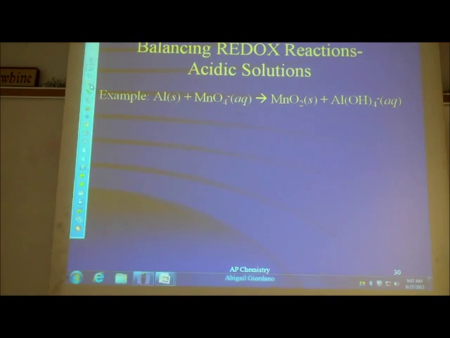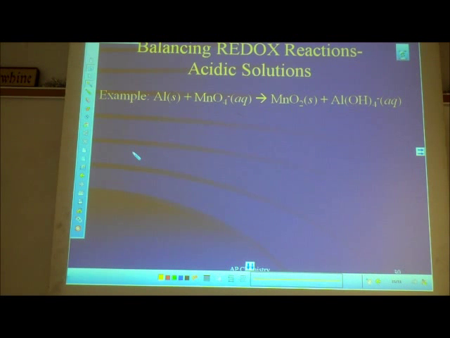Well, first things first, let's figure out what element is being reduced and what element is being oxidized. So let's put charges above everything. If this is throwing you off at all, don't let it throw you off, okay?